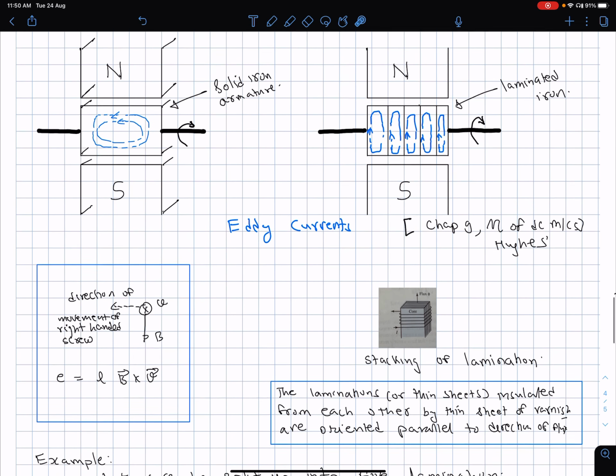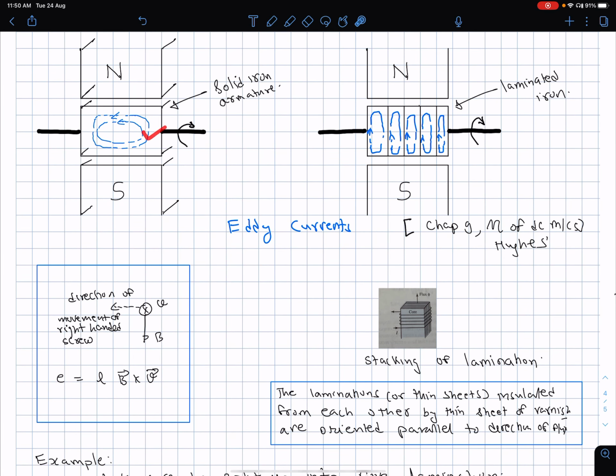Because iron has low resistance, these induced EMFs will create E by R, which is a large current, and hence the loss, which is proportional to I square R, will be E square by R. A large eddy current loss will be created.